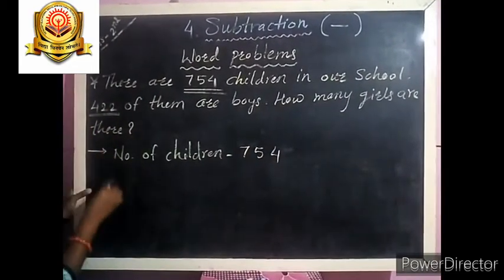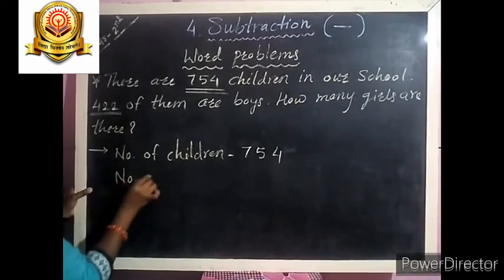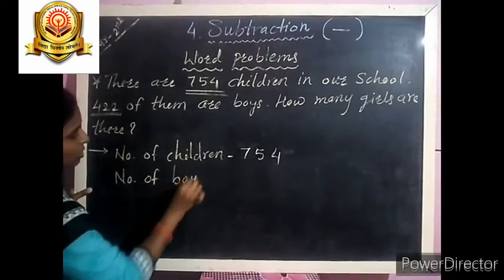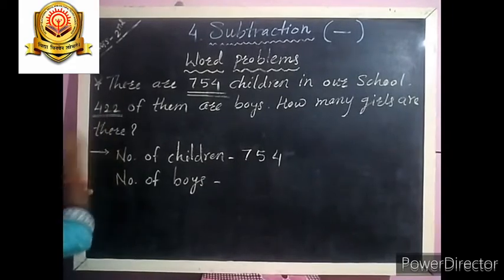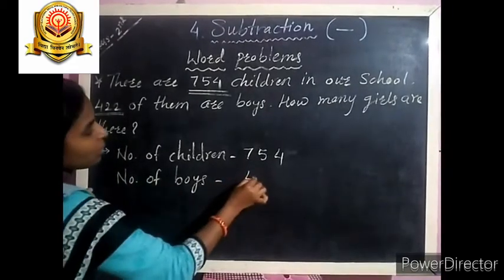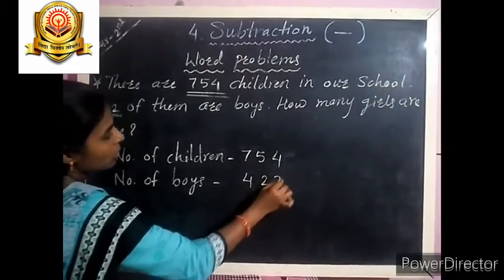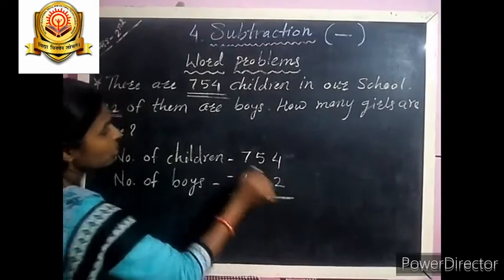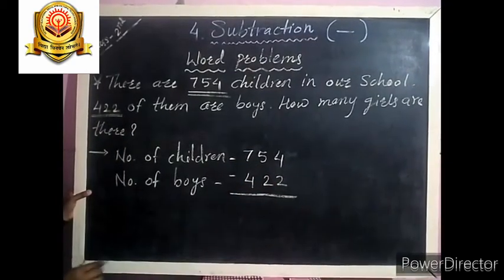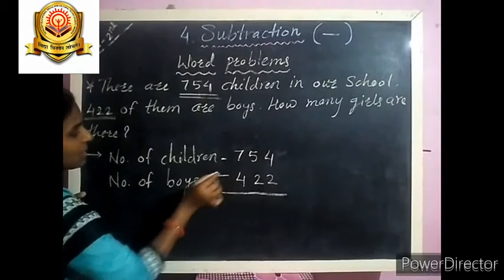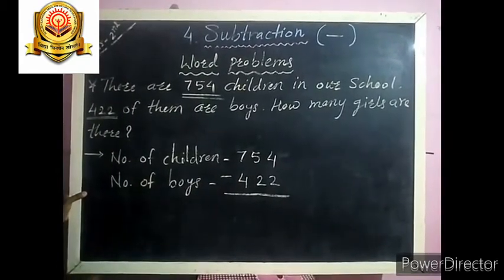Then number of boys. How many boys are there? 422. So write below 754. Then students, this is the minus sign because we have to do subtraction.